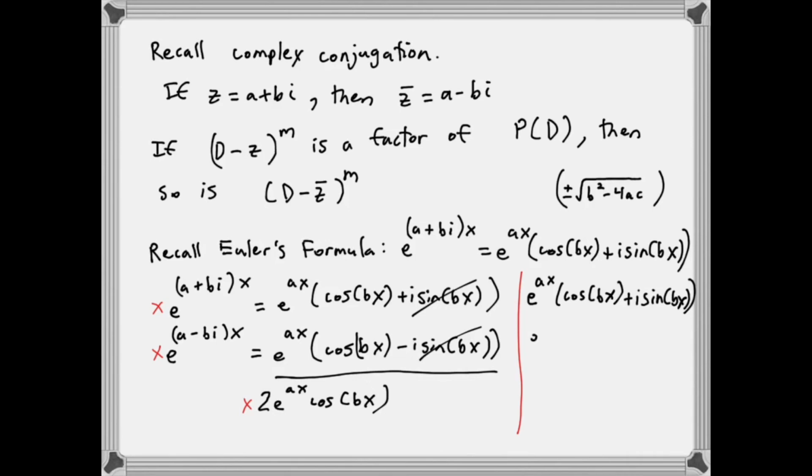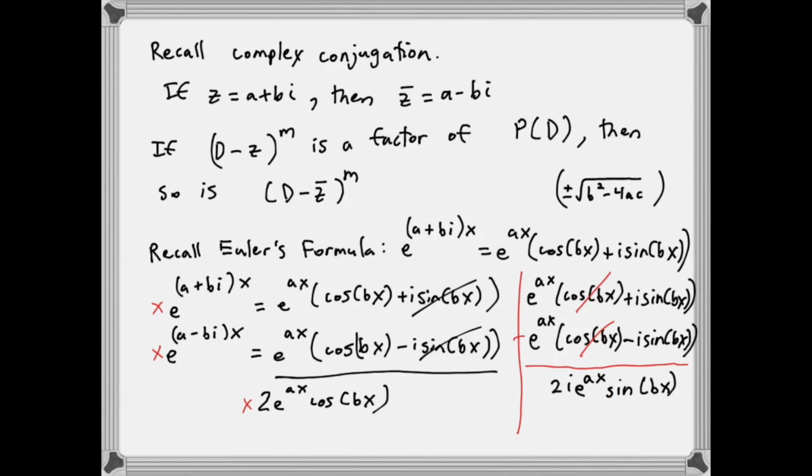And here I have e to the ax times cosine bx minus i sine bx. So if I were to subtract these, what would I end up with? Well, now these cancel, and the minus becomes a plus. I get 2i sine, oh, whoops, I forgot the e. Let me not forget that. e to the ax, and then sine bx, okay?